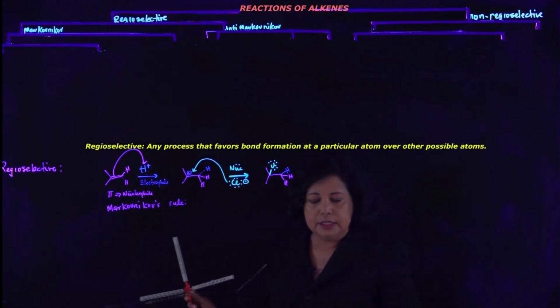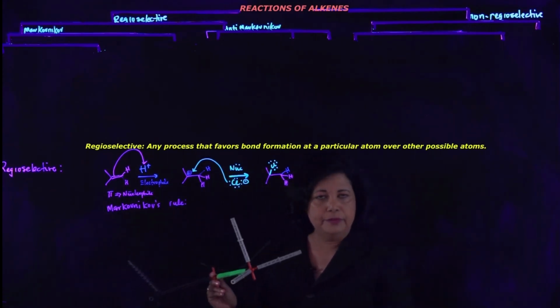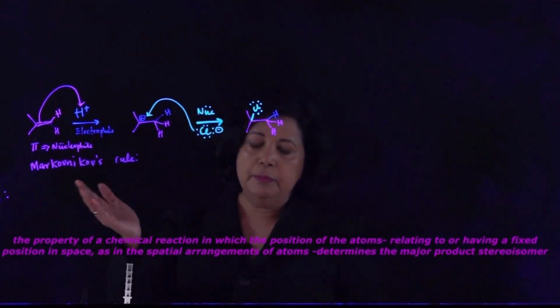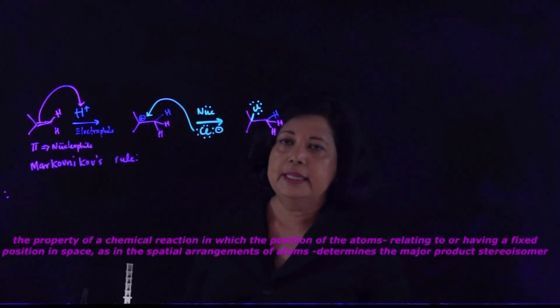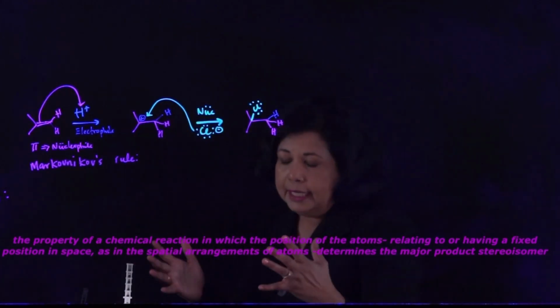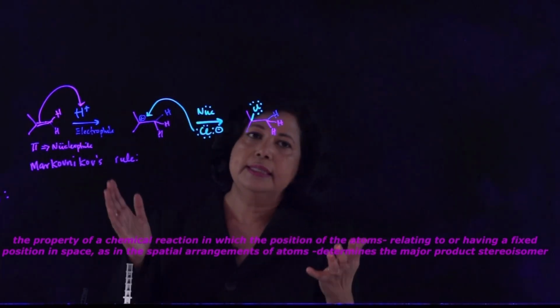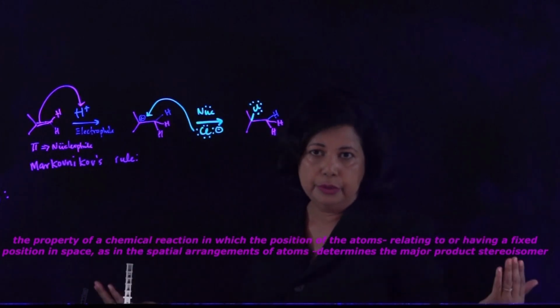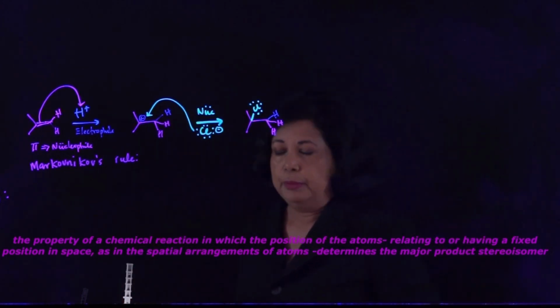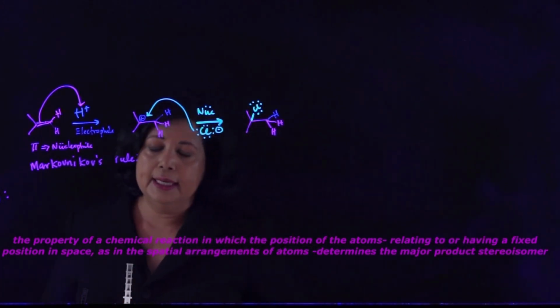So let's talk about stereospecificity. Stereospecificity means that the mechanism favors a certain stereoisomer over the other due to the direction of attack. It could be syn or anti, typically.